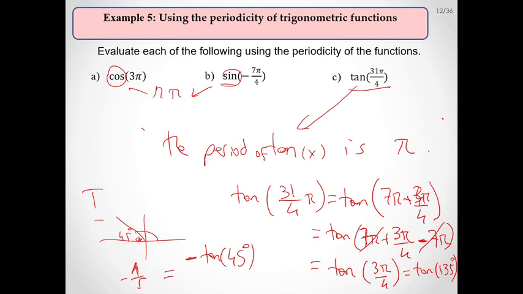So, sorry, this is minus 1. If you want to see, you can draw this right triangle here, 45 degrees, 45 degrees, and square root 2, and 1 over 1 will give you 1. So the answer here is minus 1.